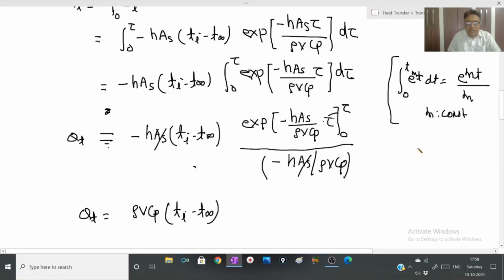So if I take tau first, this will become exponential of minus hAs over rho VCp into tau, and if I put tau equal to 0, this entire term will become 0.